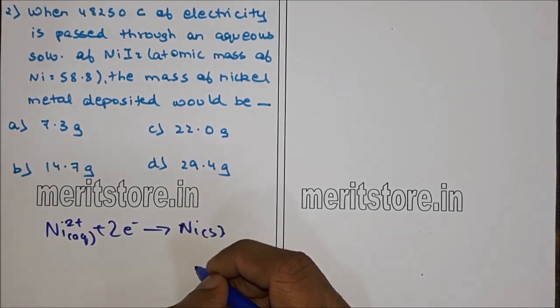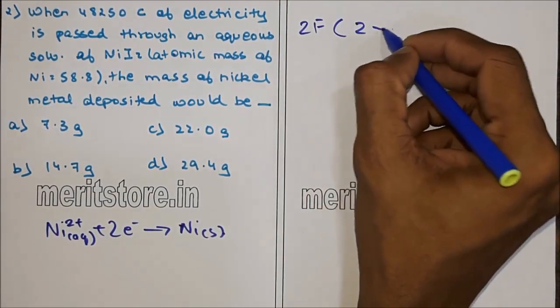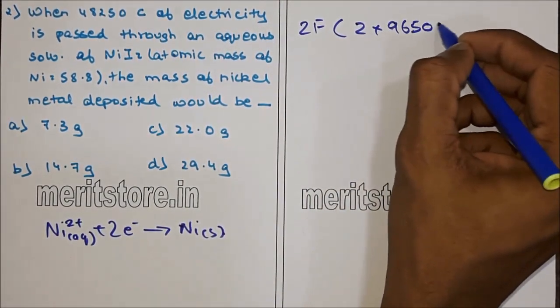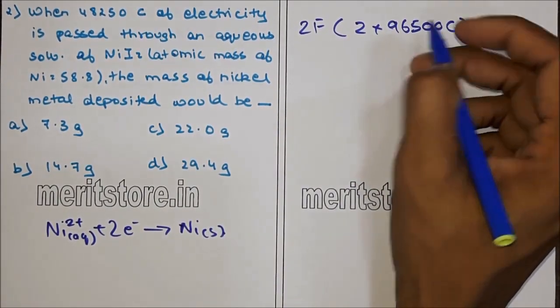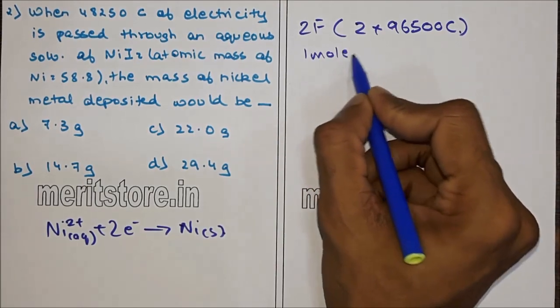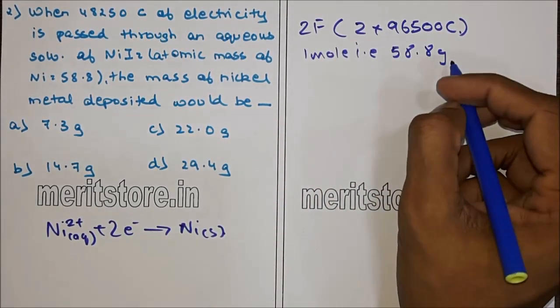So 2 Faraday, that is 2 into 96,500 coulomb of charge is required to deposit 1 mole, that is 58.8 gram of nickel.